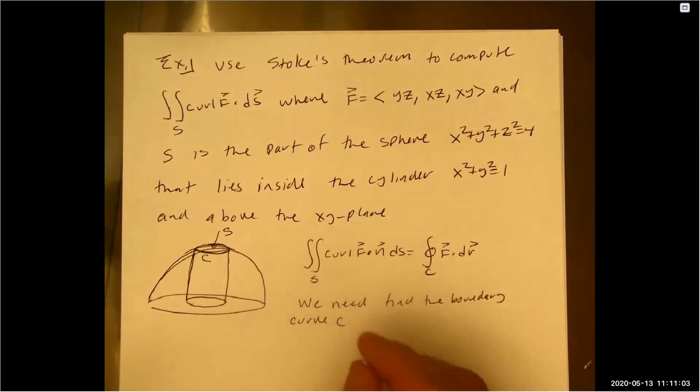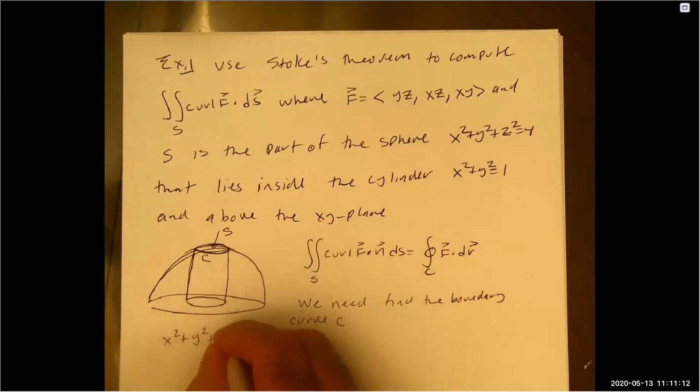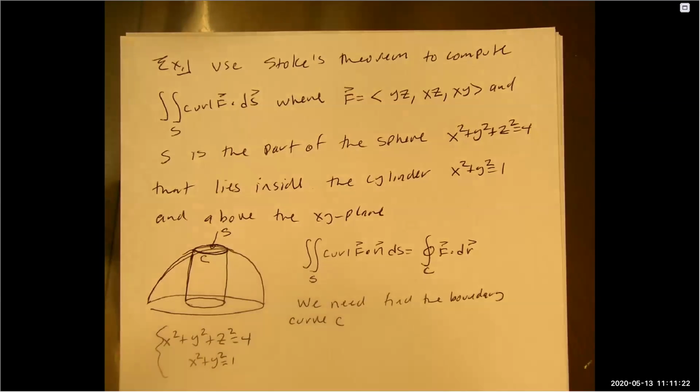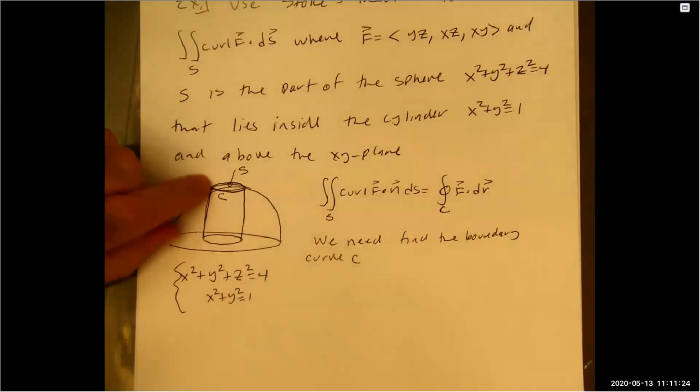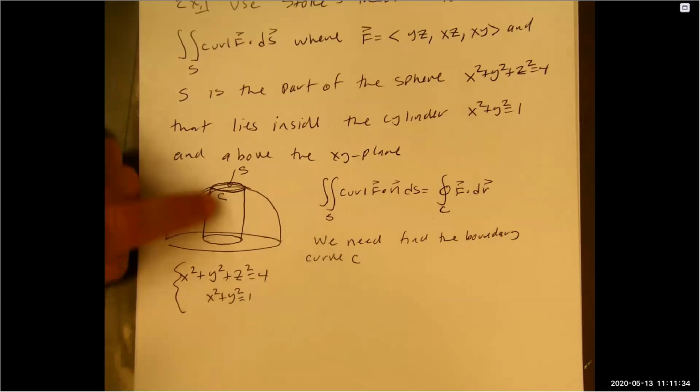And so what I'm going to do is look at the sphere, which is x squared plus y squared plus z squared equals 4. And then I also have the cylinder, which is x squared plus y squared equals 1. So in order to find this equation, I need to find the z. So it looks like it's going to be a circle that's right above the x squared plus y squared equals 1. But I need to see, well, what's the altitude of that circle?